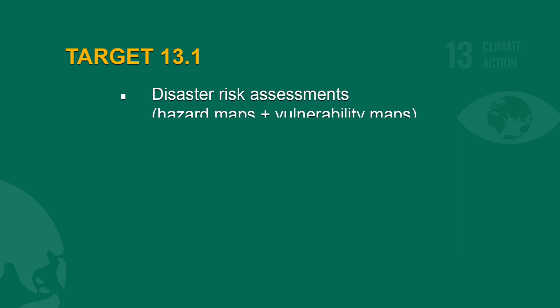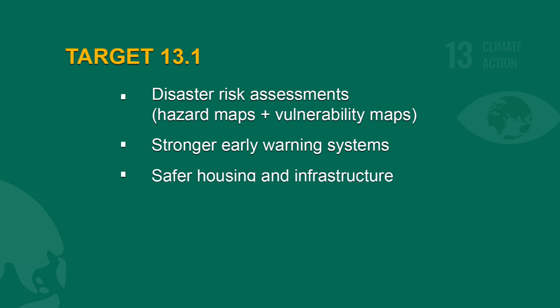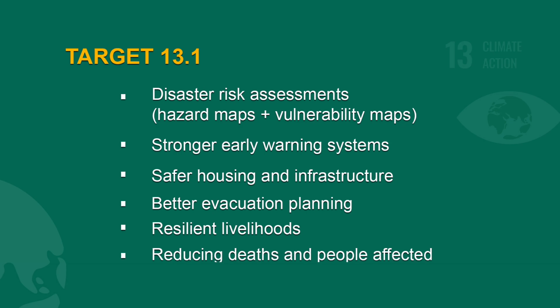What does this mean in practical terms? In practical terms, disaster risk assessment equals hazard maps plus vulnerability maps. That means stronger early warning systems, safe housing and infrastructure, better evacuation planning, resilient livelihoods, so one event does not destroy income permanently. These are interlinked, reducing deaths and people affected.